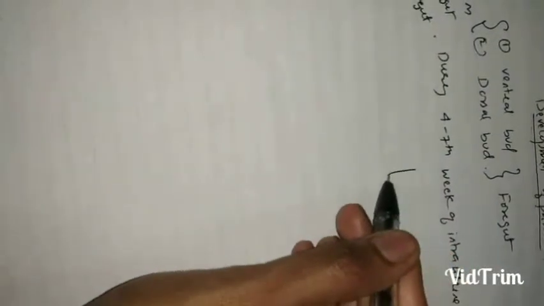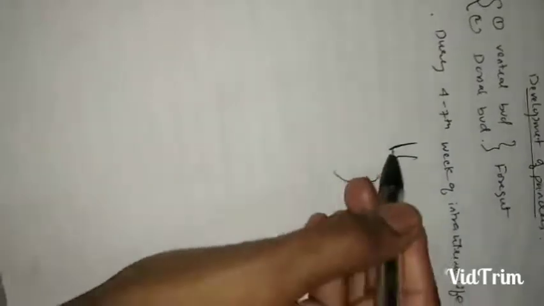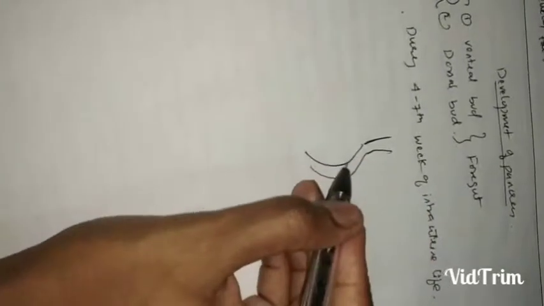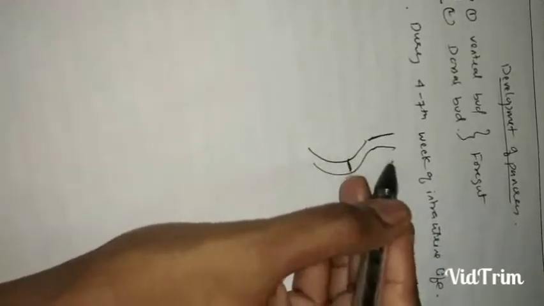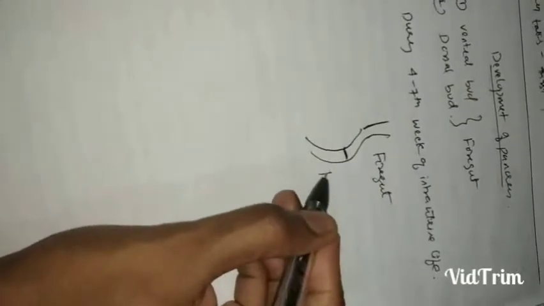So here, this foregut, if I draw like this, this is the junction. This upper is foregut, this lower portion is midgut.